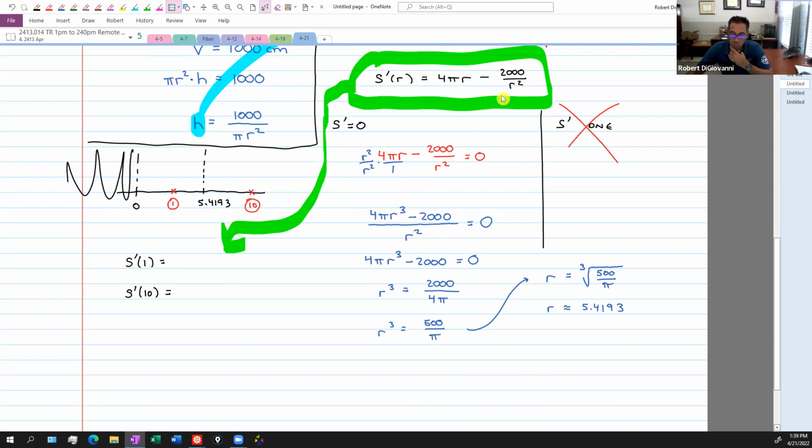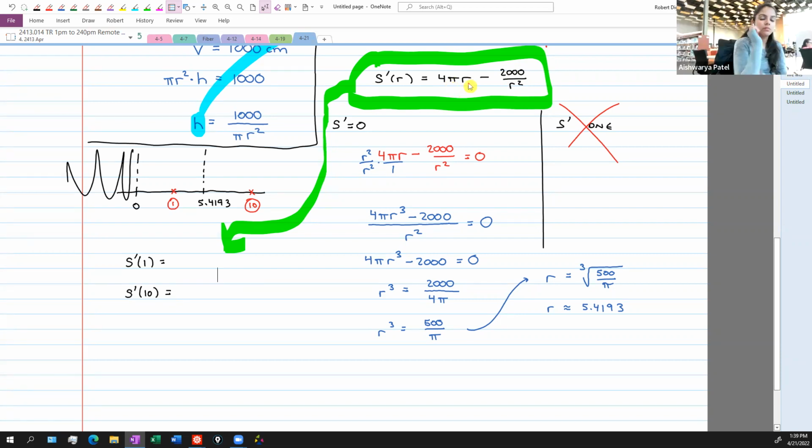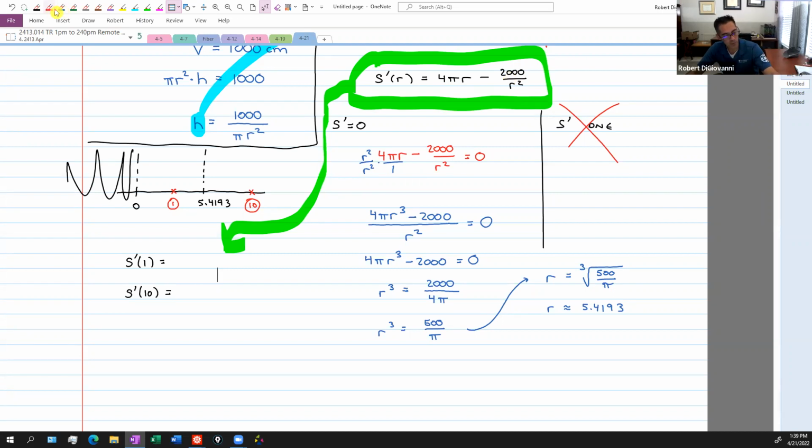If I plug in 1, I get 4 times pi times 1 minus 2000, that's negative, which means my original function is going down here. S is going down. And if you try 10, it will work out to be positive, so S goes up, which means my surface area then goes back up. So I found a minimum, right?